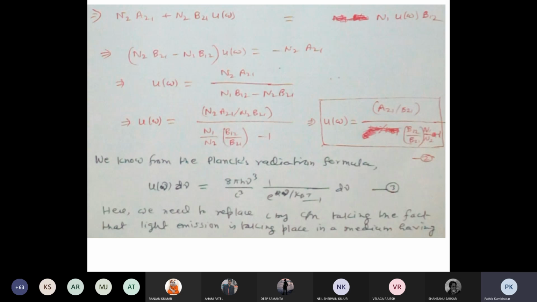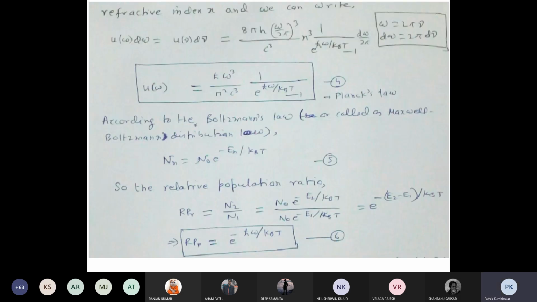To make equation 3 applicable for laser emissions, we replace c by n c, so it will be 8 pi h nu cube n cube by c cube, times 1 by (e to the power h nu by kT minus 1). The total energy within the frequency range omega to omega plus d omega is u omega d omega, which should be equal to u nu d nu. Writing omega equal to 2 pi nu, d omega will be 2 pi d nu, and then the equation is like this.